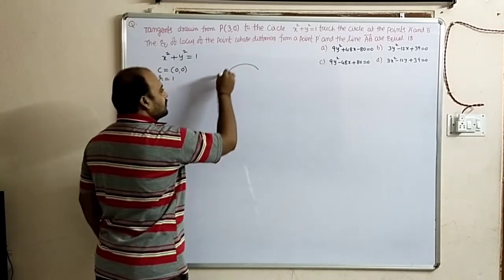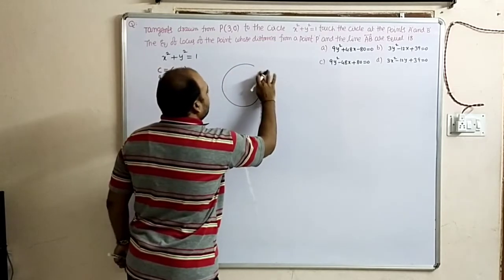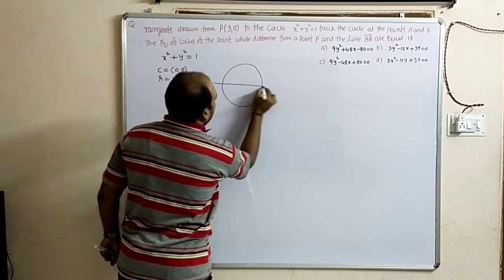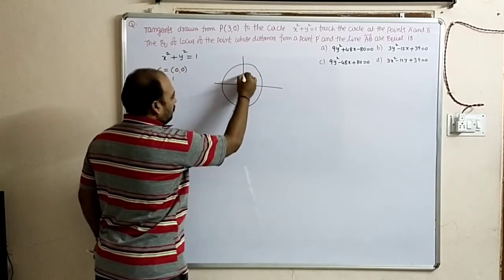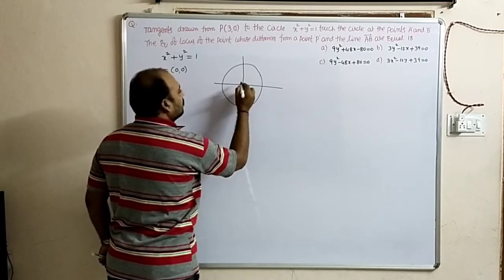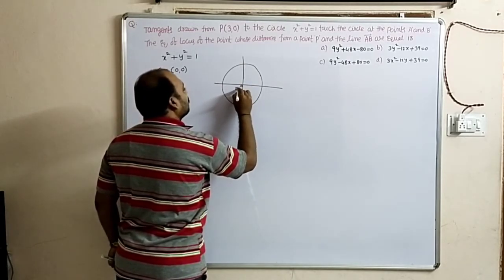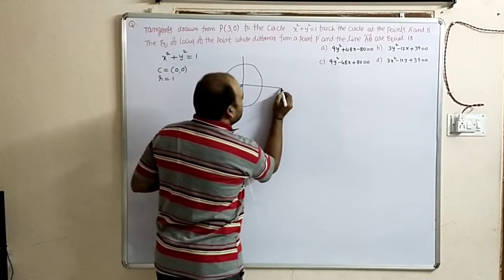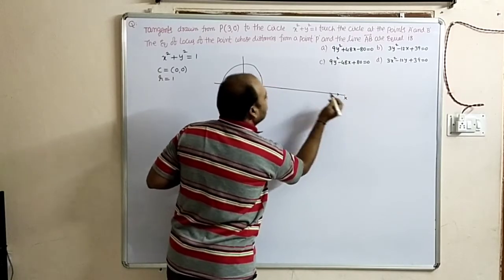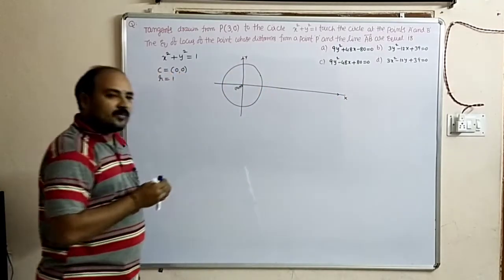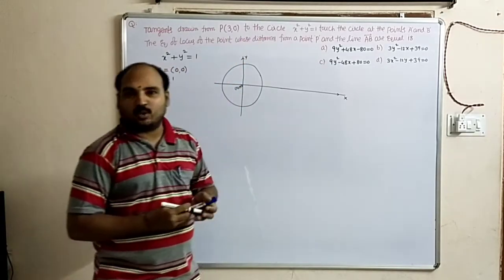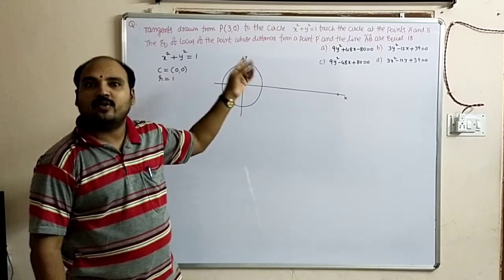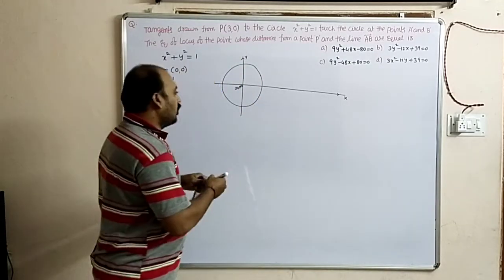So this is the circle with center (0, 0), and obviously it has the x-axis and y-axis. Given point P of (3, 0), observe the point is in the form (x, 0). Whenever the y coordinate of the point is 0, it should lie on the x-axis. So P will be here.